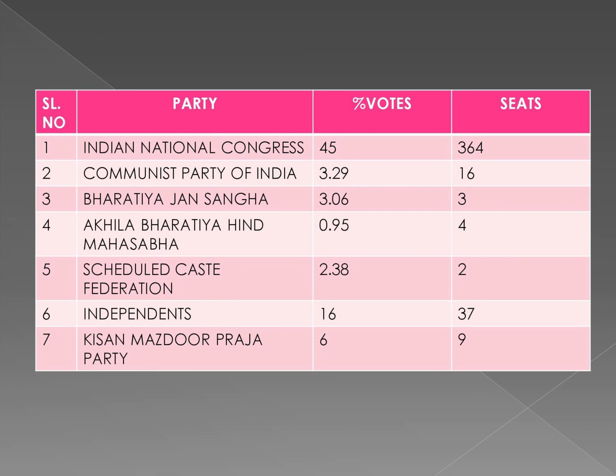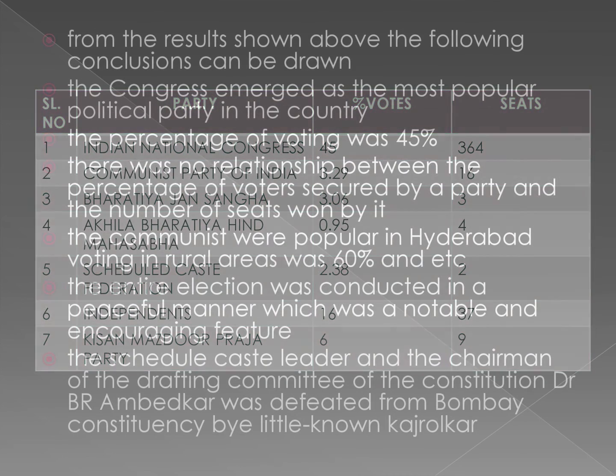Bharatiya Jana Sangh 3.06 percent, 3 seats. Akhil Bharatiya Hindu Mahasabha 0.95%, 4 seats. Scheduled Caste Federation 2.38 percent, 2 seats. Independents 16 percent, 37 seats. Kisan Mazdoor Party 6%, 9 seats.